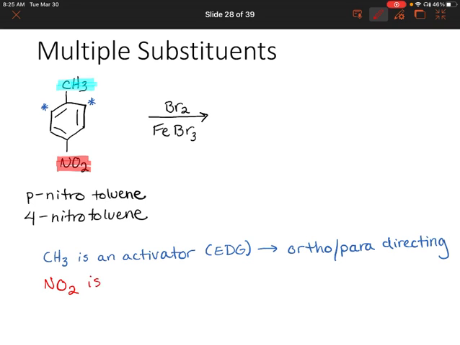A deactivator. Or an electron withdrawing group. And are deactivators ortho-para directing or meta directing? Meta directing.